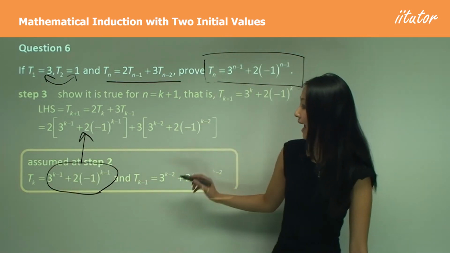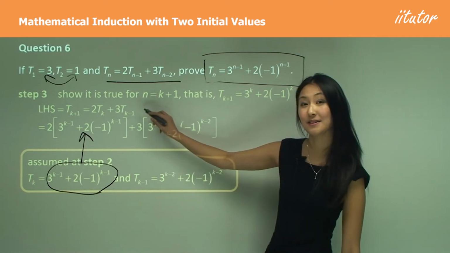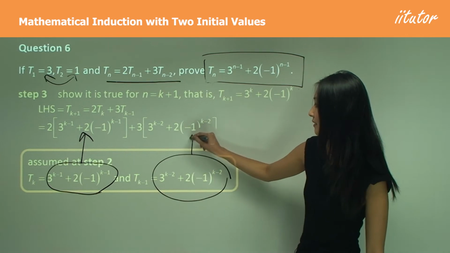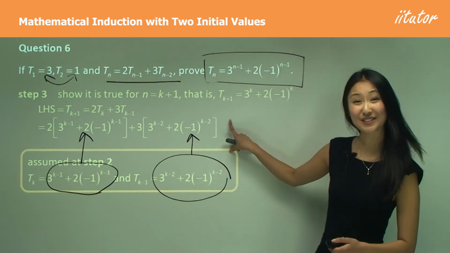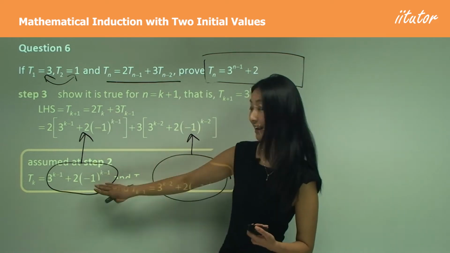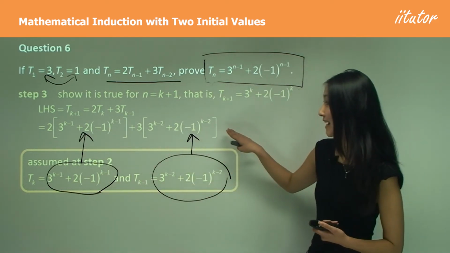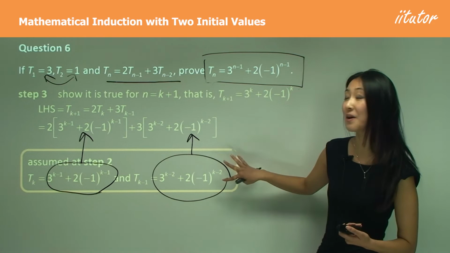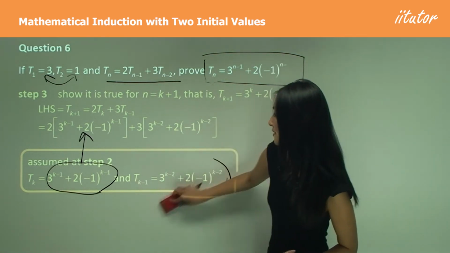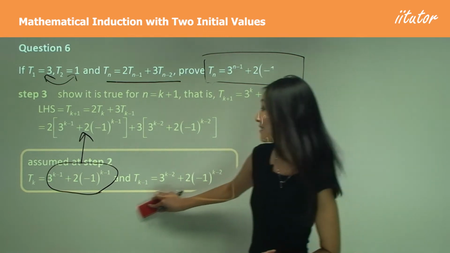And here we have tk minus 1, so instead of tk minus 1, I'm just substituting that into there. I know this looks complicated, but actually all I'm doing is substituting tk for this and then tk minus 1 for that. So all I'm doing is just basic substitution. We've used the information as well as our assumptions.